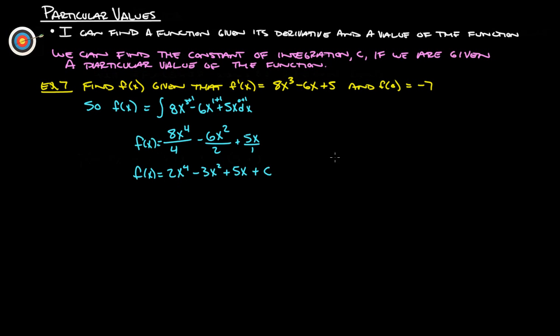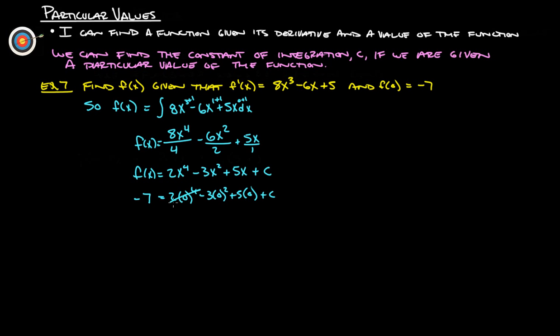But now the new part is they tell us that f of 0 equals negative 7. So basically this negative 7 goes in place of f of x, which equals 2 times 0 to the fourth minus 3 times 0 squared plus 5 times 0 plus c.